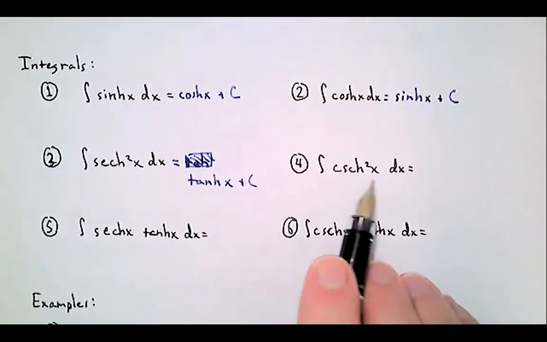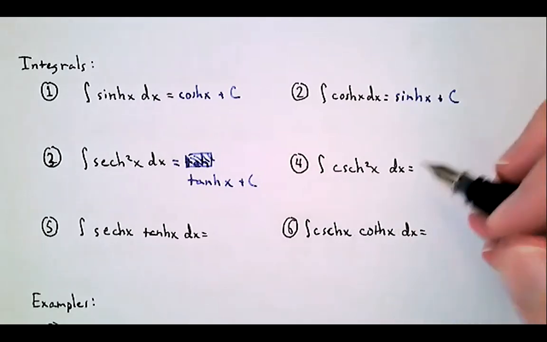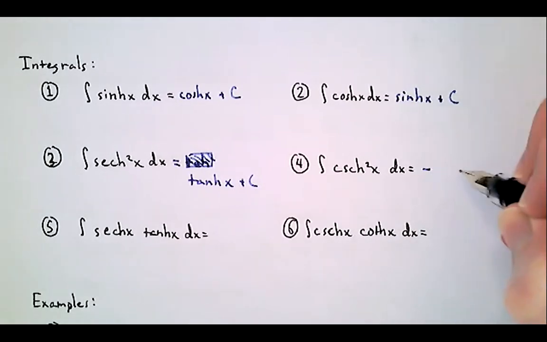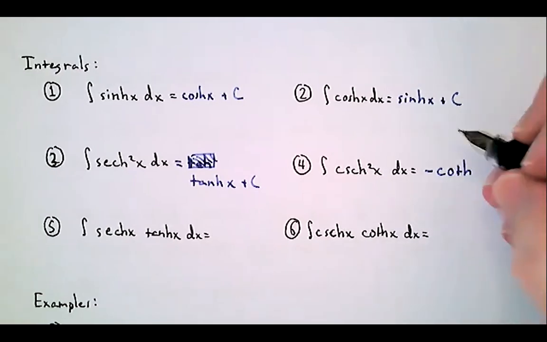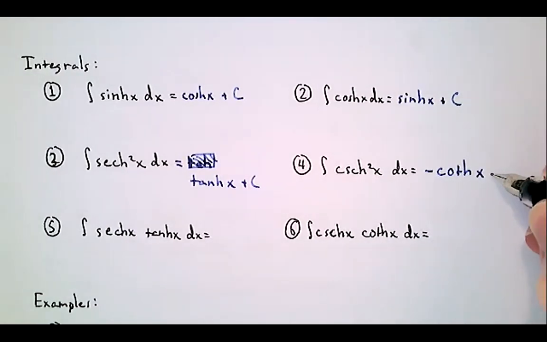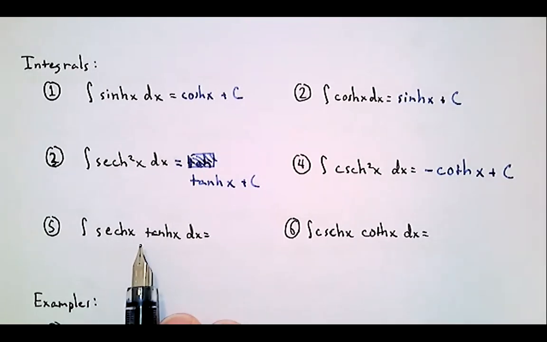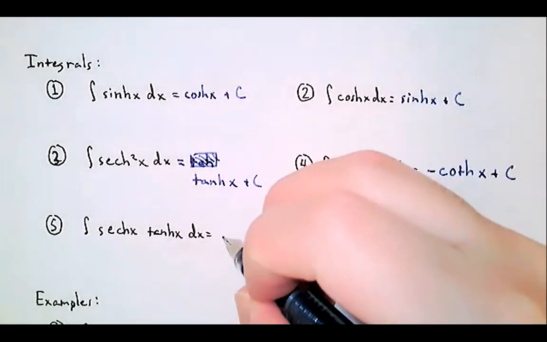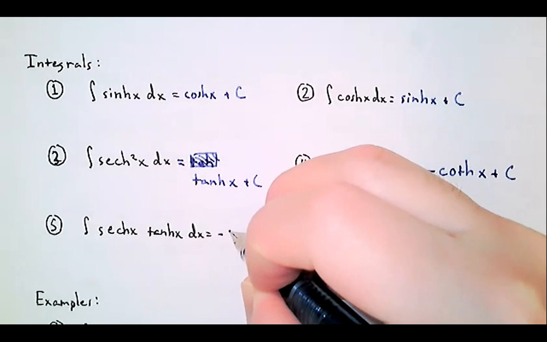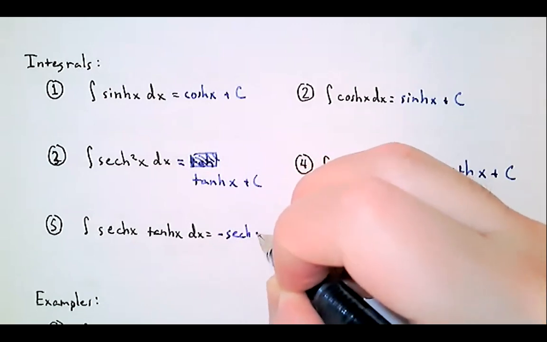Okay. And then this one was the hyperbolic cotangent, but it had a minus sign in the derivative, so it'll go here on the right side in the integral rule. This one came from the hyperbolic secant, and it too had a negative in its rule, so it'll move over to the right side.